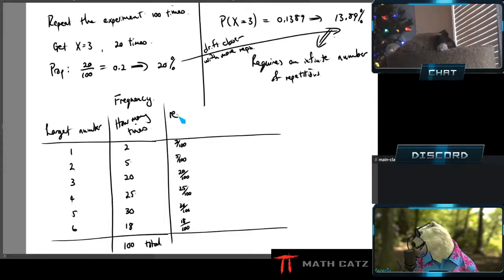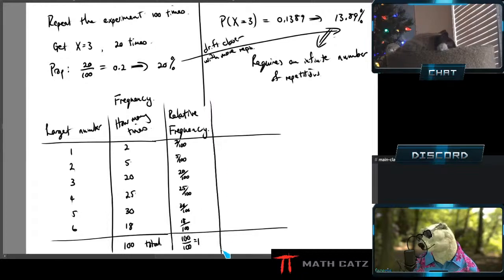We'll call this the relative frequency, because it's relative to what? To the number of times that I repeated this experiment. If we add up the relative frequencies, what should we get? 100 out of 100. 1.